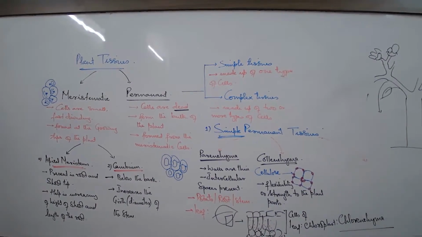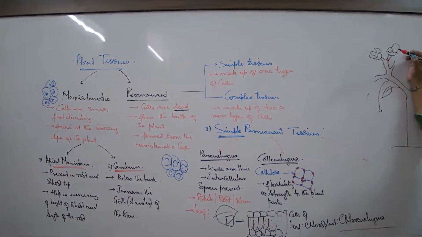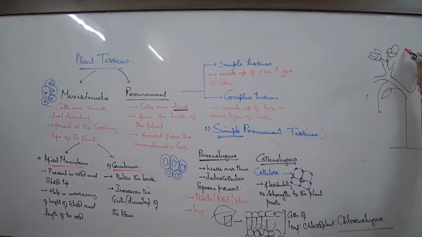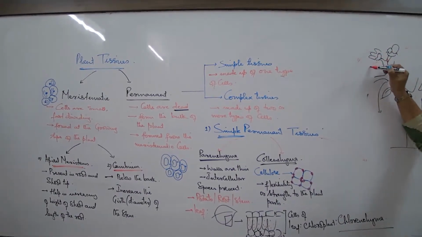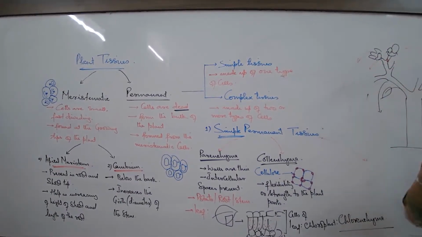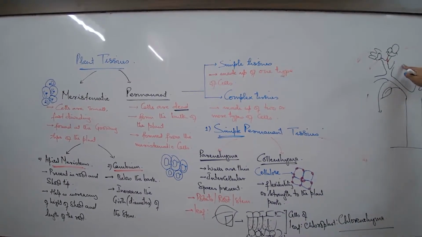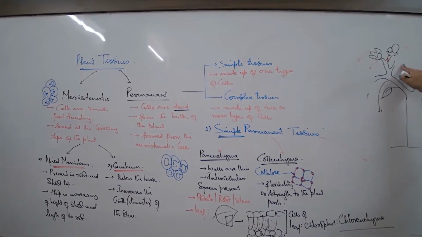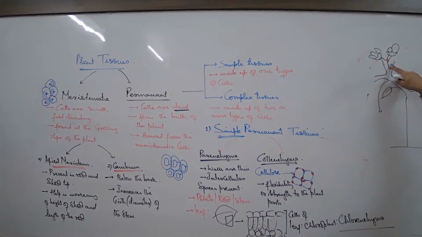Talking about the location of collenchyma, because whenever there is a strong wind, these parts of the stem and the branches would bend, but they would not immediately break. Collenchyma is present at the stalk of the flower.